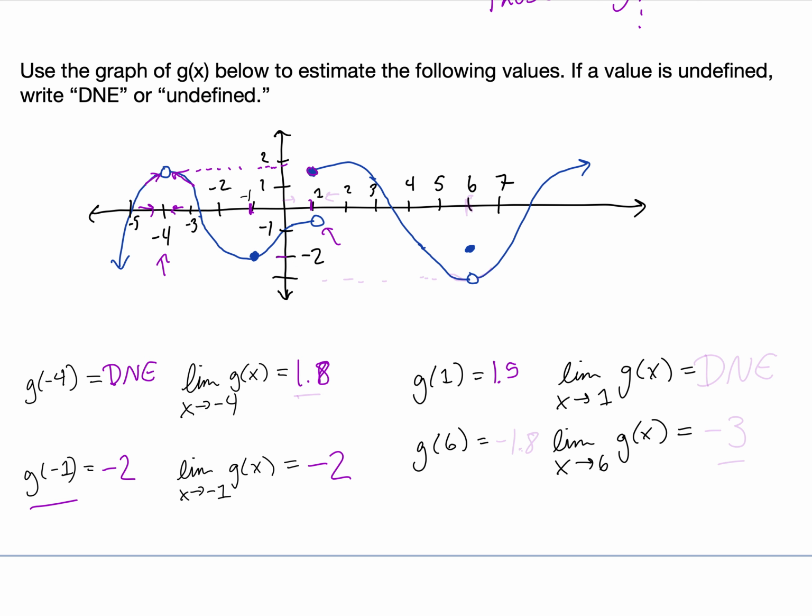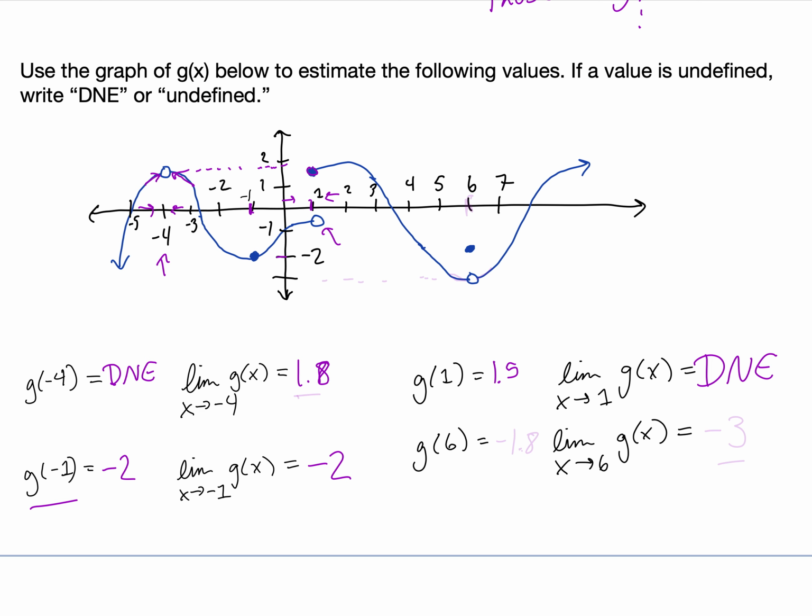So in this case, as x approaches 1 from the right, we see, yeah, there's a limit, it's around 1.5. As x approaches 1 from the left, yes, there's a limit, maybe it's around negative 0.5, but there is no single value that g of x approaches as x goes to 1, so this limit does not exist. Later we'll look at right and left-hand limits, but the limit as x approaches 1, period, does not exist.